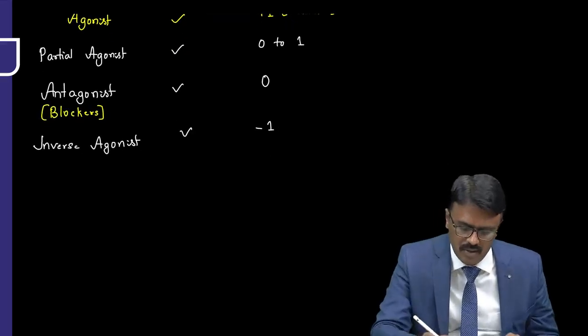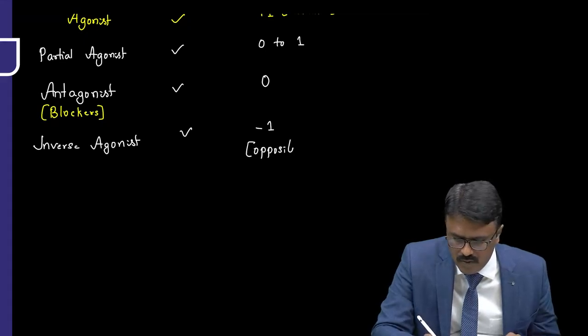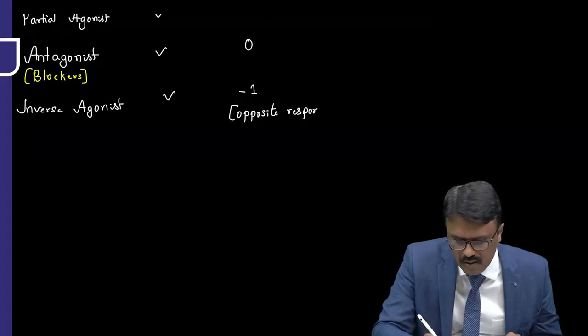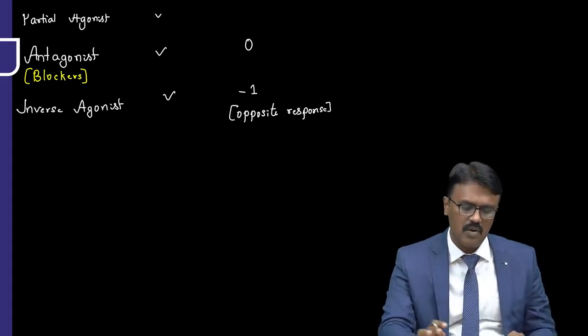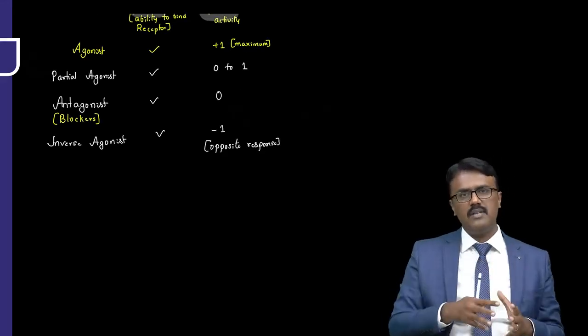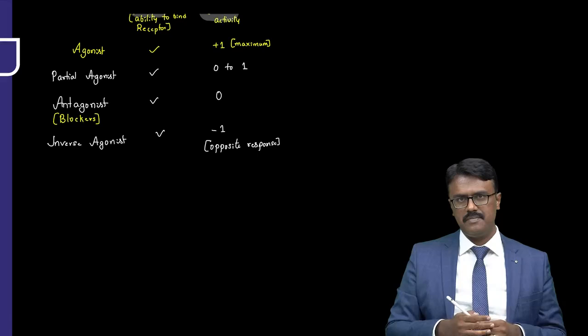No. The meaning of -1 is that what you see is the opposite response. So please remember these things. All of them have affinity. They have to bind to the receptor. After binding to the receptor, they are classified like this depending on what response they produce.